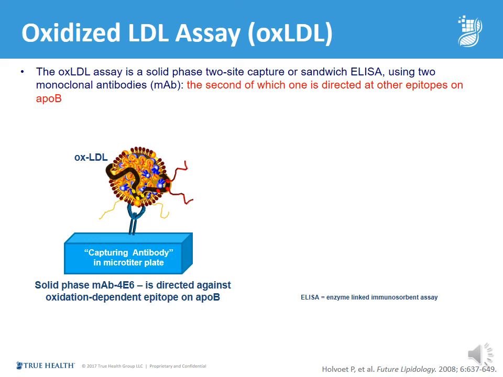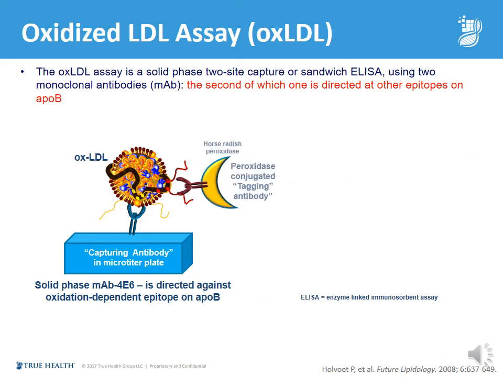What is the next phase of the process? Well, this is where the sandwich part of the assay comes in, because there's going to be a second antibody which is directed at other epitopes or amino acids on the ApoB, which have not been affected by the changed conformation of ApoB present in oxidized LDLs.